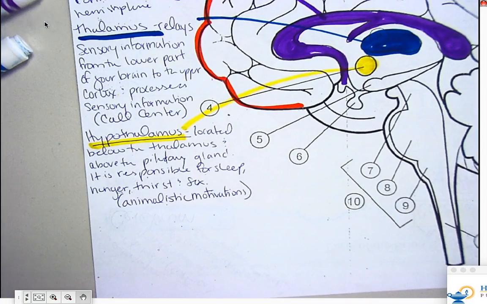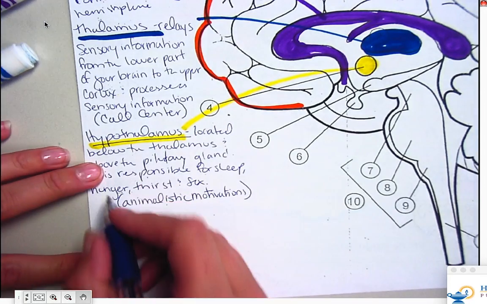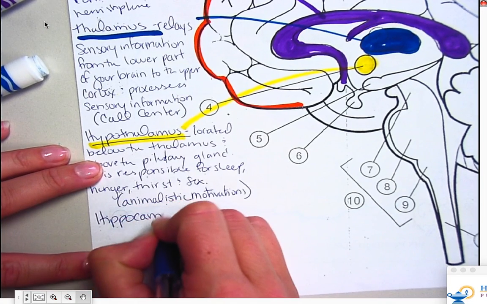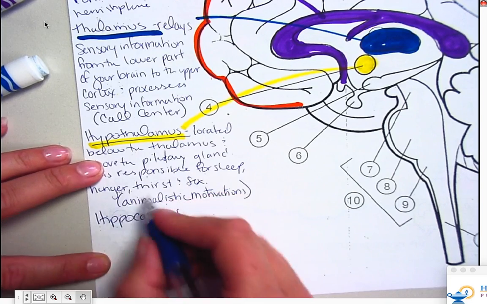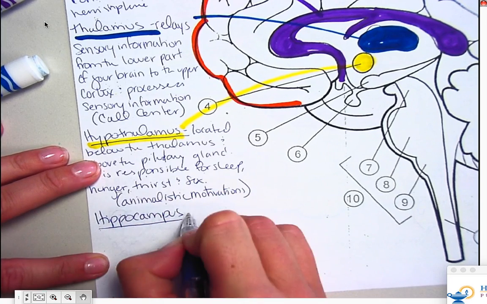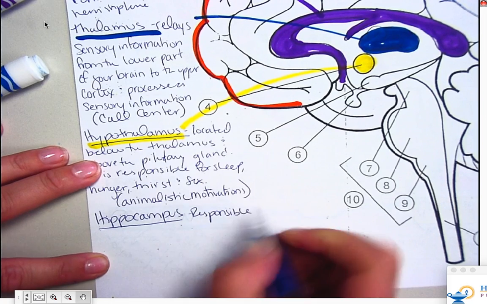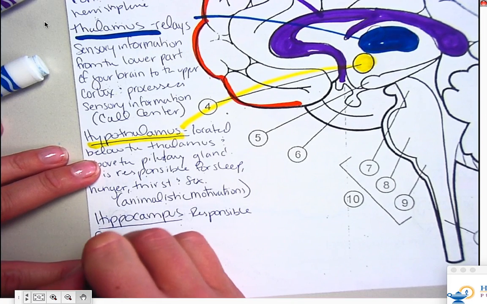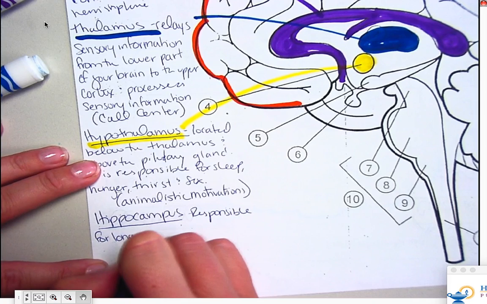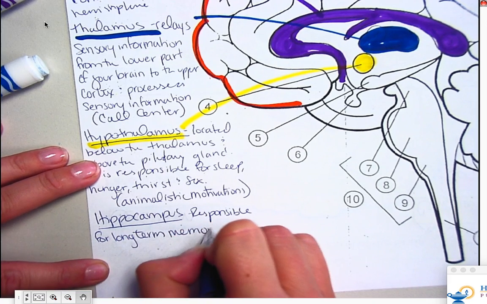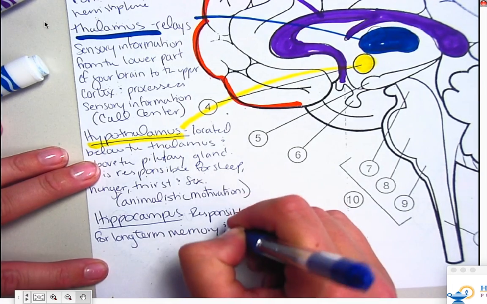The next one is your hippocampus. Now your hippocampus is responsible for long-term memory and the storage of memory.